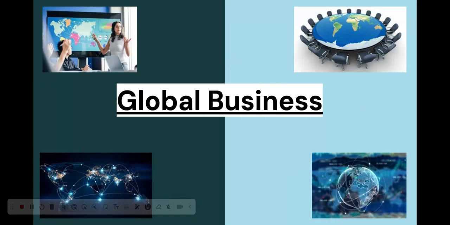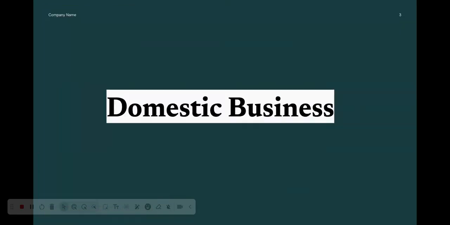So that's the biggest thing. Global business is something that sells its products or information, knowledge beyond its country's borders. There's a lot of reasons why they might do this, and we'll go into the advantages of that later.